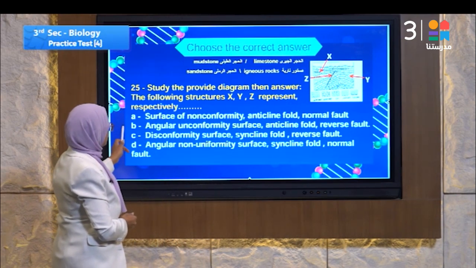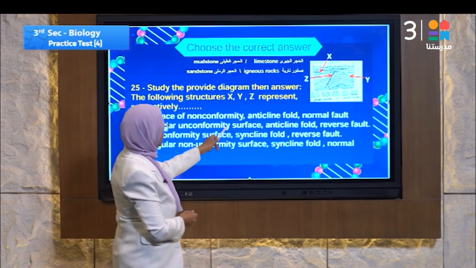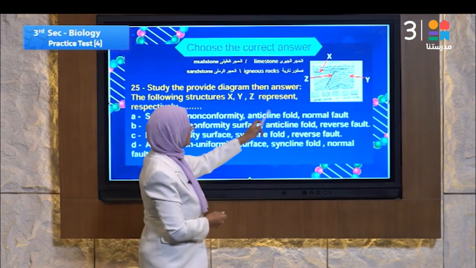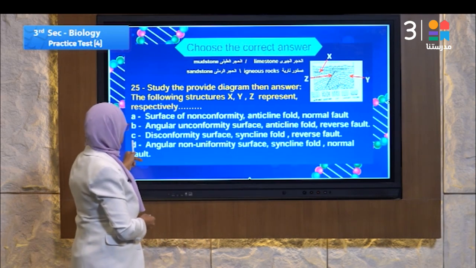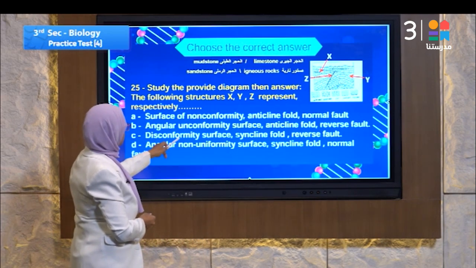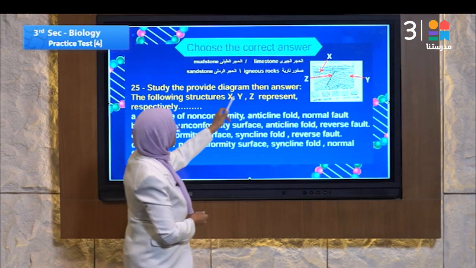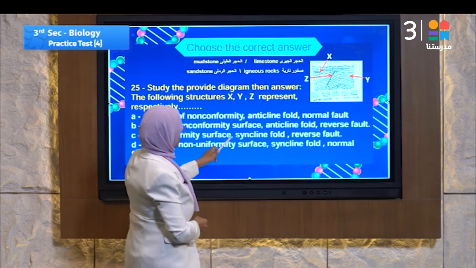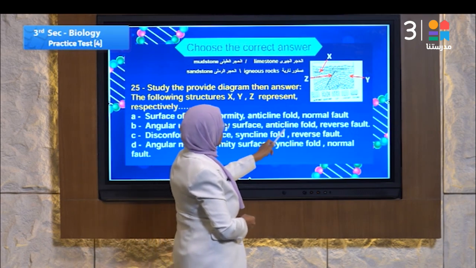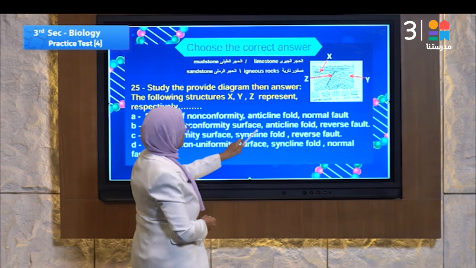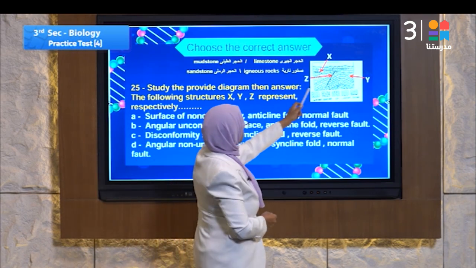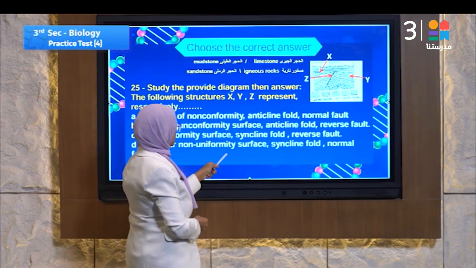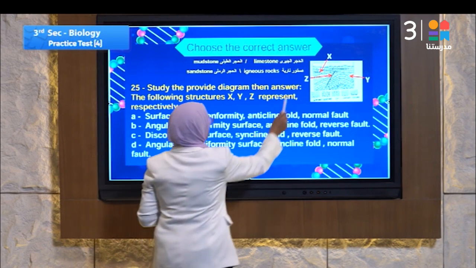Number B is angular unconformity surface, Y anticline fault, Z reverse fault. C, disconformity surface. D, number X, that's one. Yes, syncline faults, D, Y. Reverse fault is Z. Angular nonconformity surface is X, that's one.